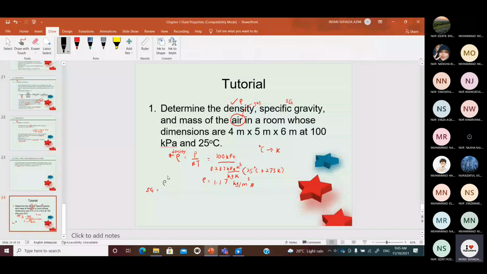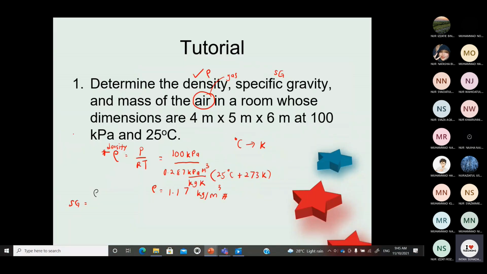So rho air, density of air over density of H2O. The density of air you already calculated is 1.17 kg per meter cube, and you divide by the density of water, 1000 kg per meter cube.